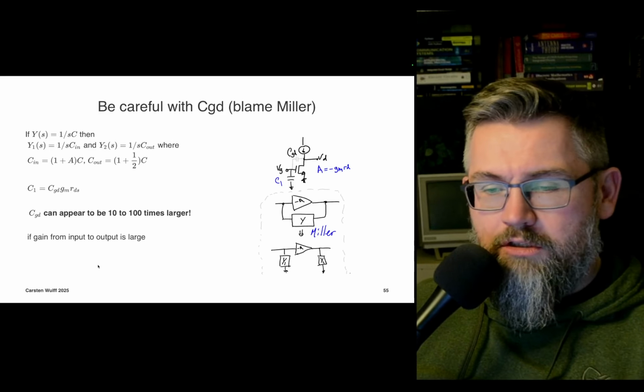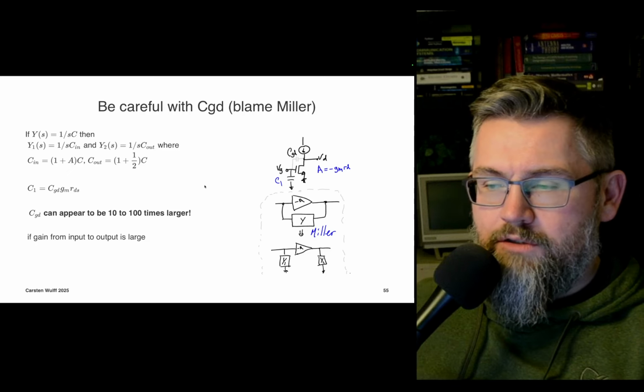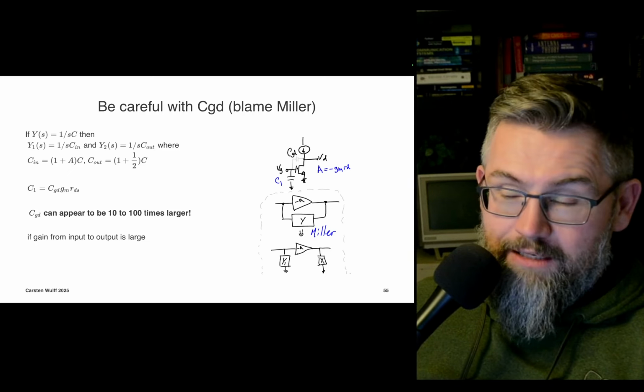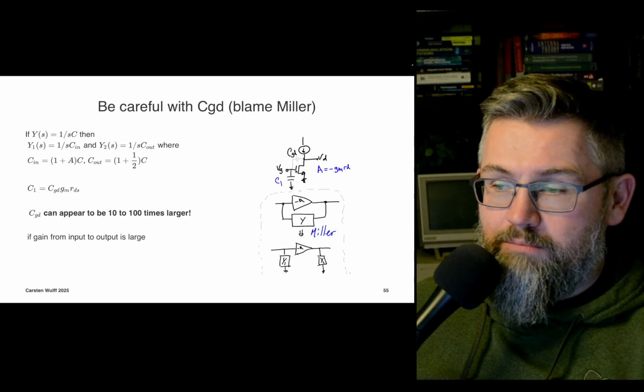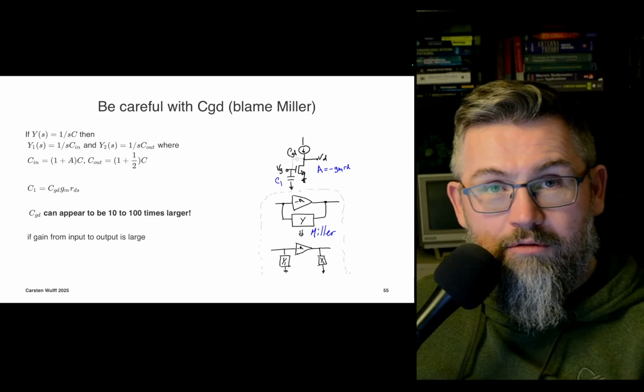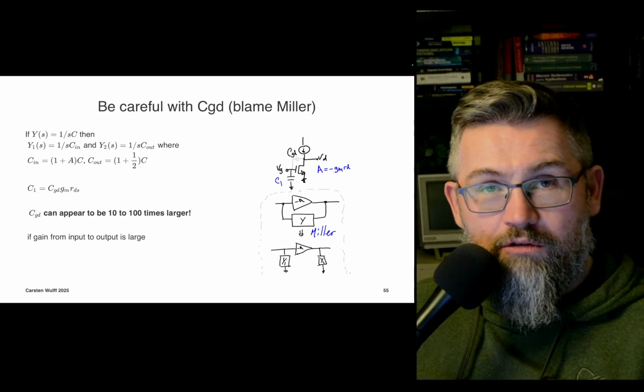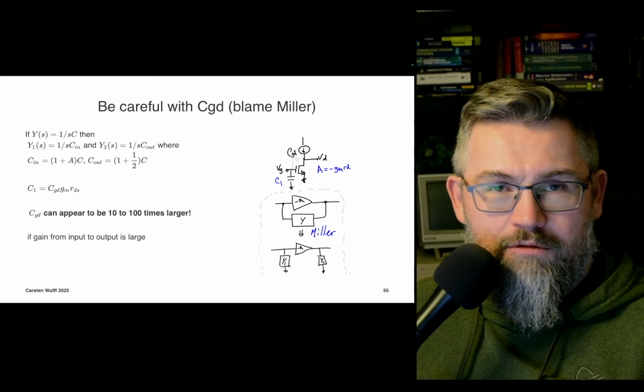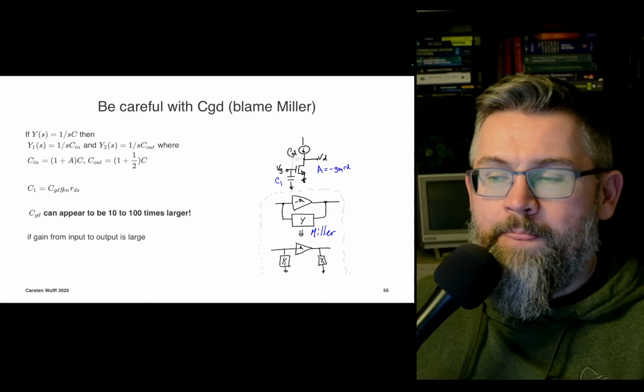So just a quick mention of the CGD. The gate drain capacitance in our NMOS will be between the gate and the drain. Now, our transistors, we'd like them to have high gain, usually, at least for analog. We like them to have high gain.